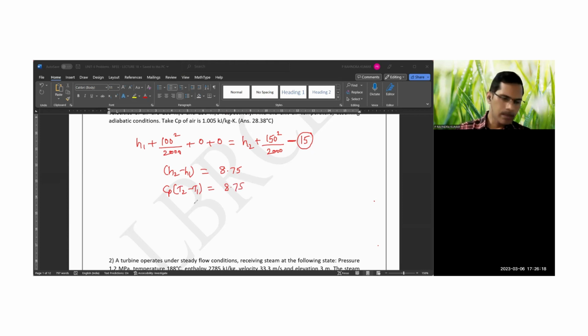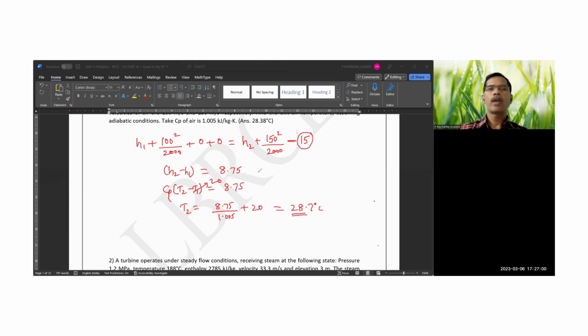T1 is given as 20 degrees centigrade. So T2 is equal to 8.75 divided by the Cp value, 1.005, plus 20. You will get the T2 value as 28.7 degrees centigrade.